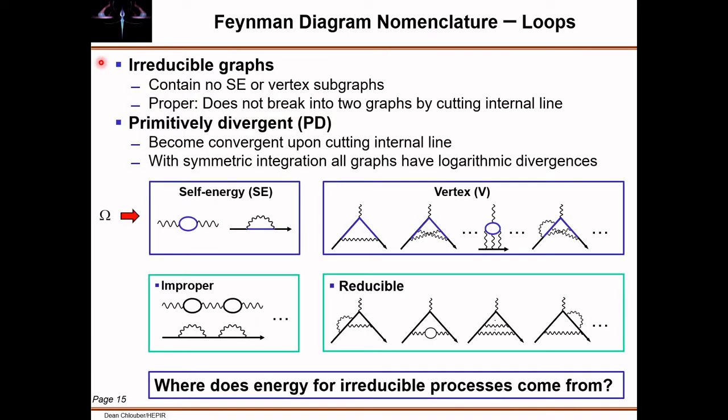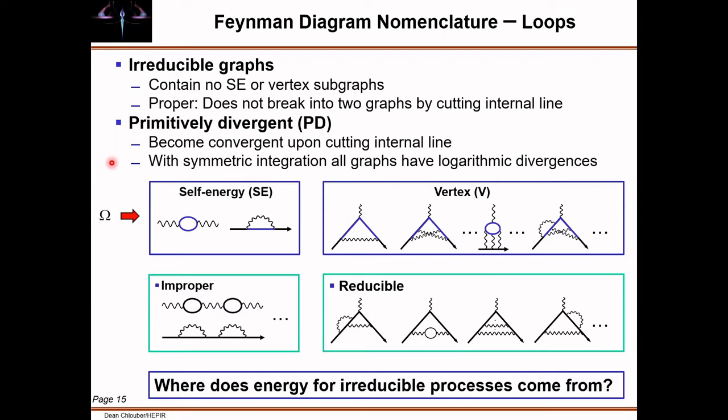Okay, what about these irreducible graphs? Well, they contain no self-energy or vertex subgraphs. They're proper. They don't break into two graphs by cutting an internal line. And they're primitively divergent. They become convergent upon cutting an internal line.